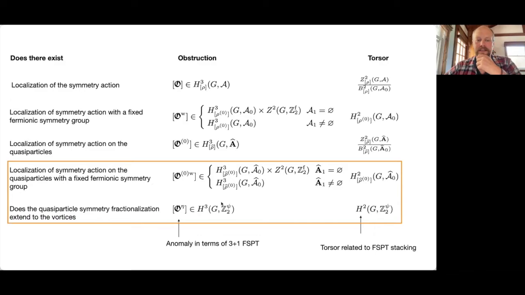And that's this O eta obstruction, which is valued in H3 of G Z2 psi. And it turns out that can be interpreted in terms of some 3+1D fermion SPT. All right. When this vanishes, there's an H2 torsor, which can be realized by stacking fermion SPTs. Okay, so I've circled these last two obstructions because they're the most important, and they'll appear in the classification table, which I'll mention in 2 slides.